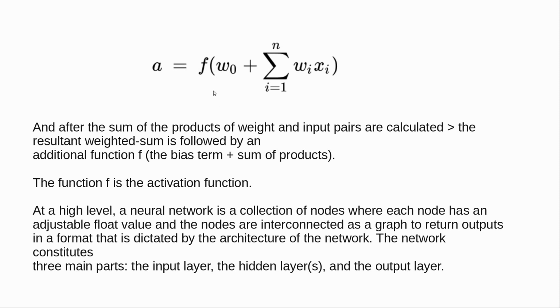So in this image, this f is an activation function, and it takes as its input this term, which is a weighted sum, and W0 here represents a bias term. But for the sake of simplicity, I have not included the bias term in our discussion till now. Of course, the bias term is very common in every neural network. We'll come to that in a short while, but for now, just note that f is an activation function, and it takes the weighted sum as its input.